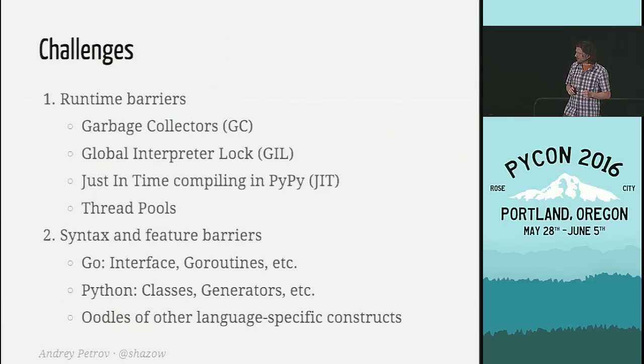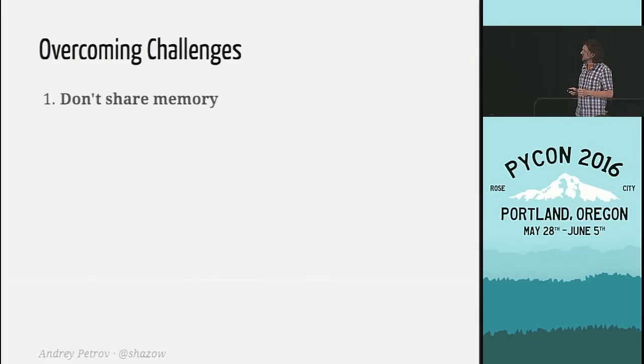So before, we talked about these challenges. And now that we know how to speak to C from either end, what do we need to worry about? The first thing is, in order to overcome the different runtimes, we need to not share memory.